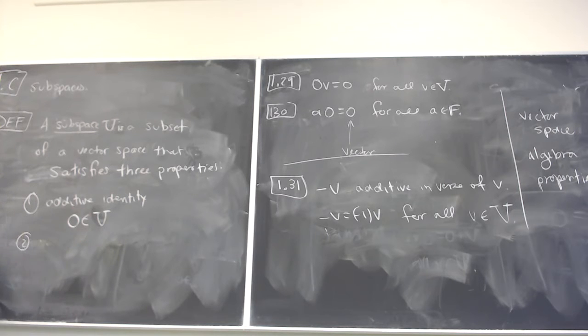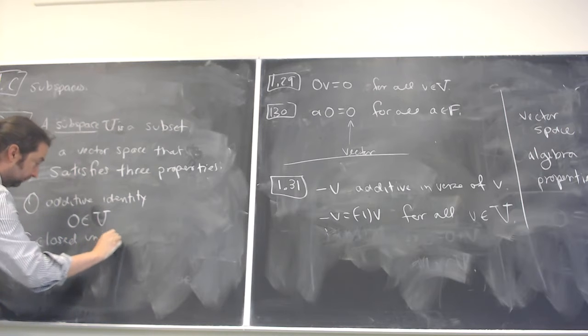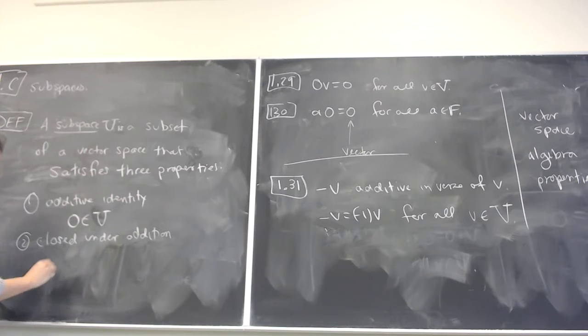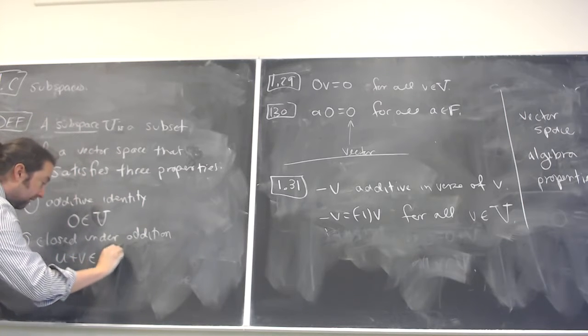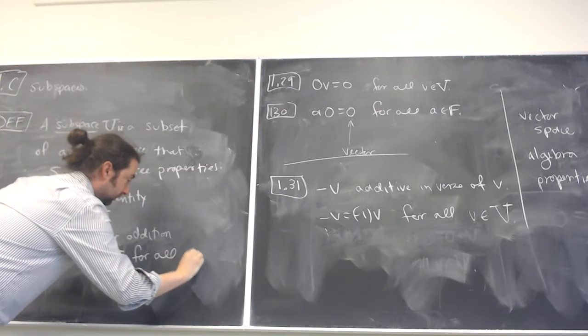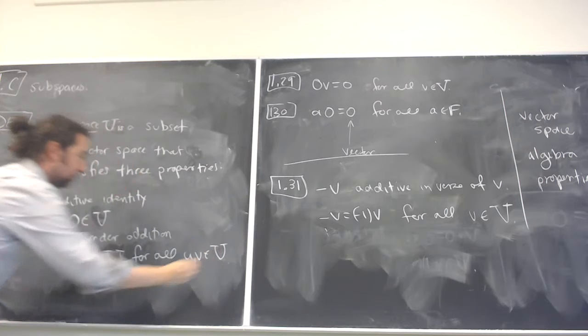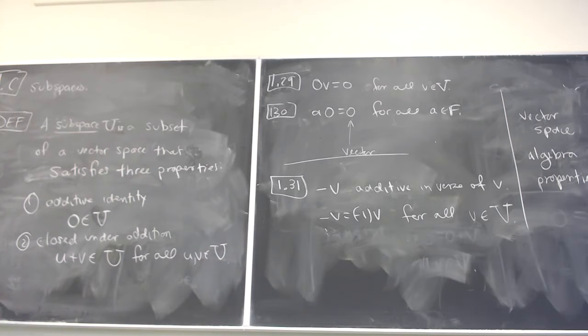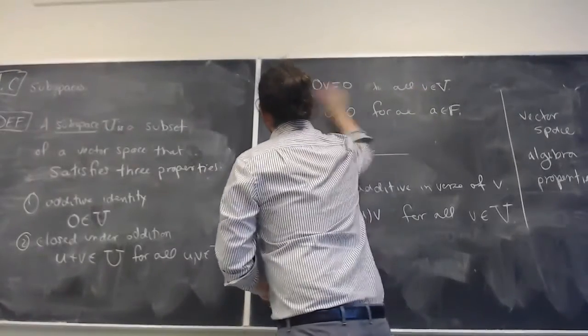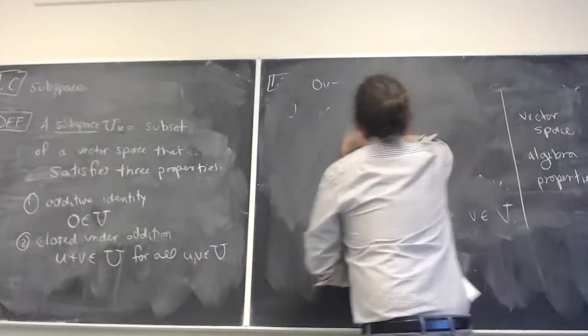Two, it's closed under addition. That means that u plus v should be inside of U for all u and v. So if I have two elements inside here and I add them, I can't leave.